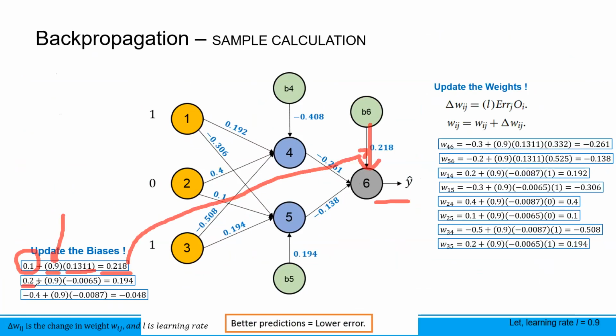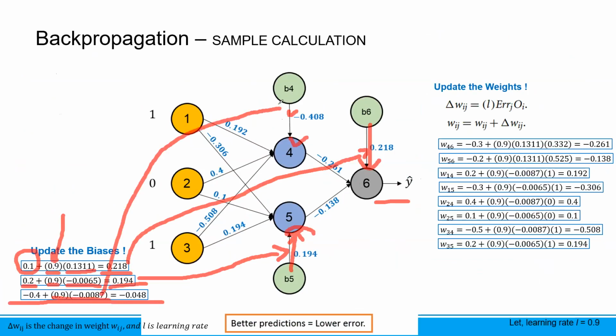We have 0.2. 0.2 is this bias plus the learning rate 0.9 multiplied by the error in this unit. So the new value is 0.9194. We get to update this bias. And the last one, this is the bias here, 0.4. Then we multiply with the learning rate 0.9 multiplied by the error in the unit 4, which is 0.0087, and it will be updated here.